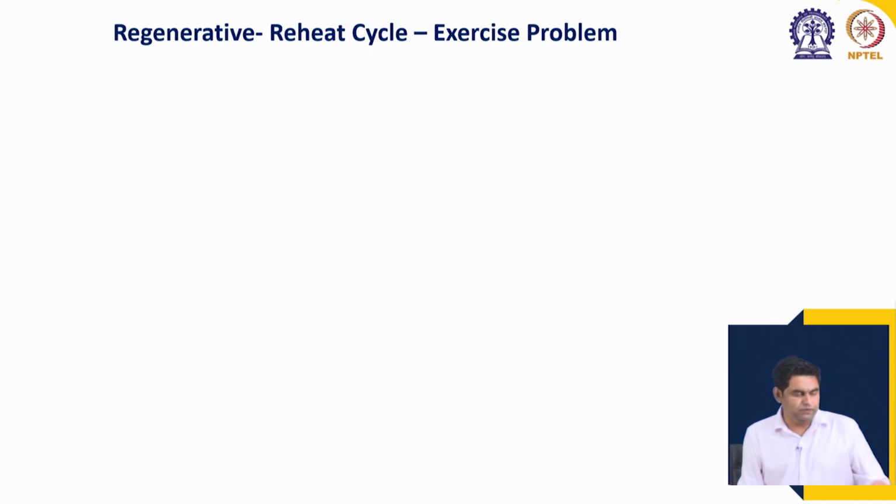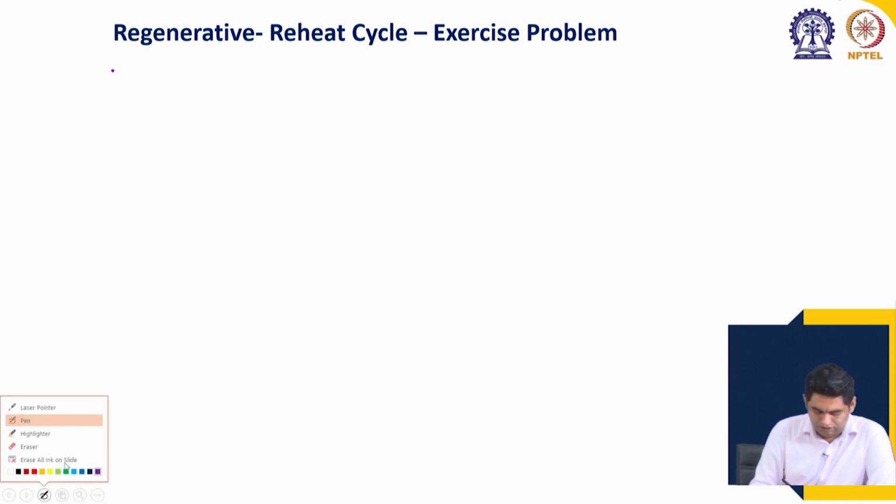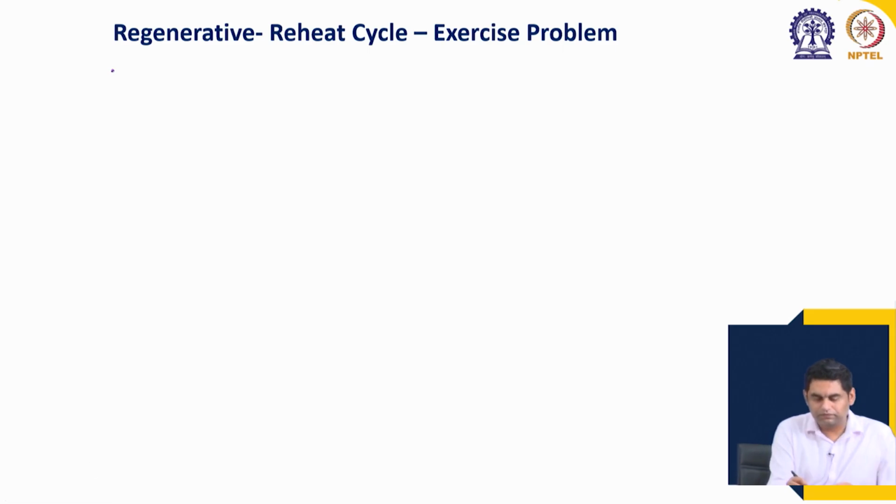So, exercise problem is taken as exactly similar to the cases studied till now. I will start by drawing the TS diagram, okay, and then define the problem, because anyway the TS diagram needs to be drawn.